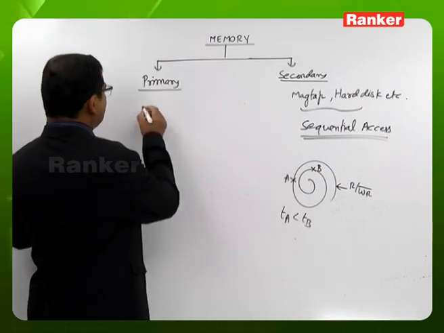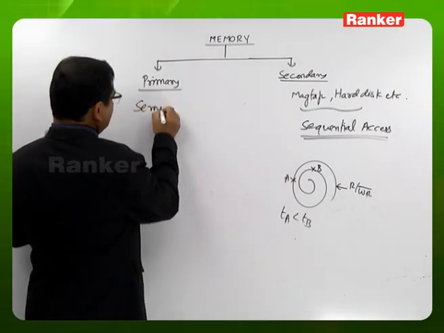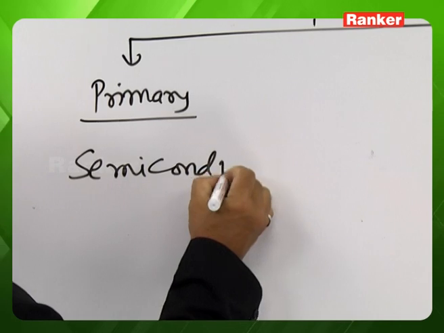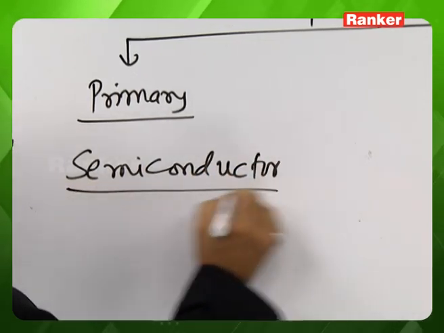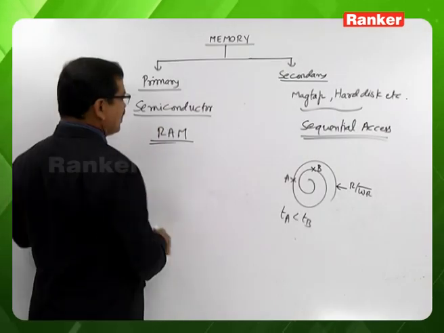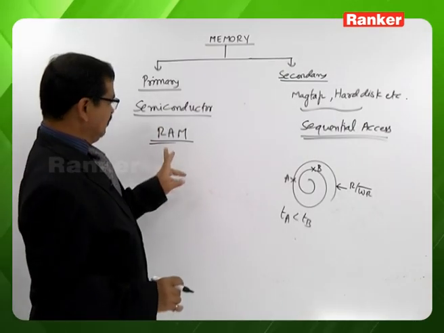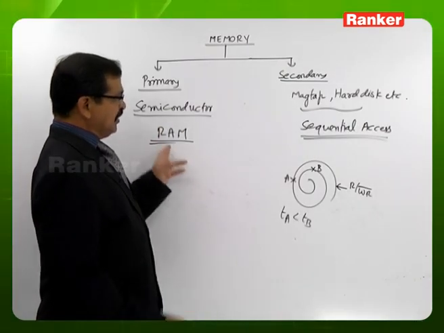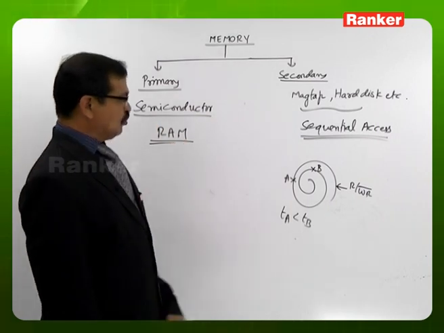Whereas semiconductor memories, the primary memories, are random access memories. It means the access time is uniform for any location, whereas here the access time is not uniform.